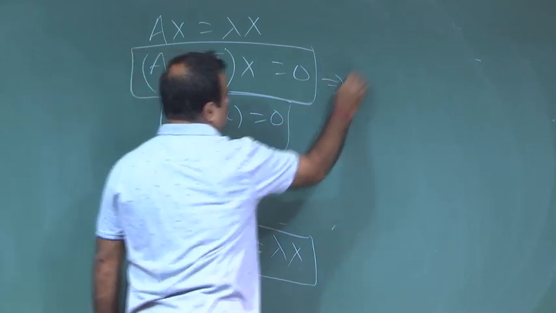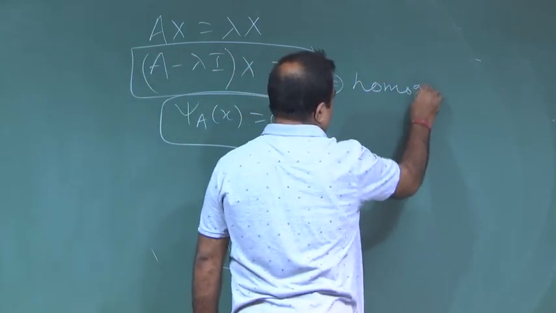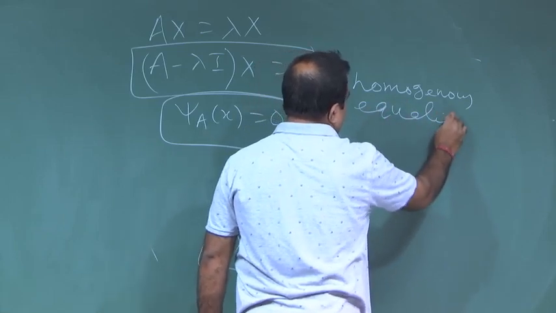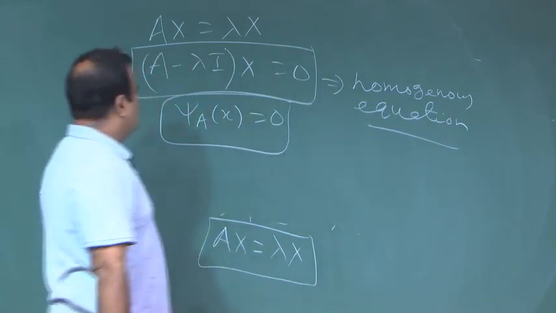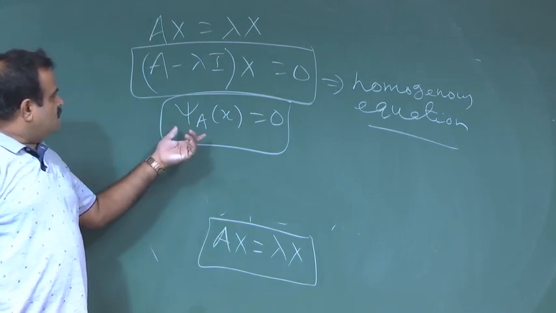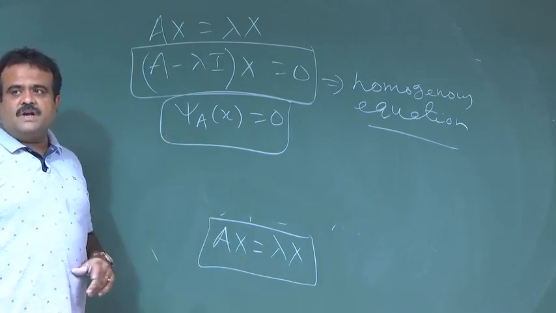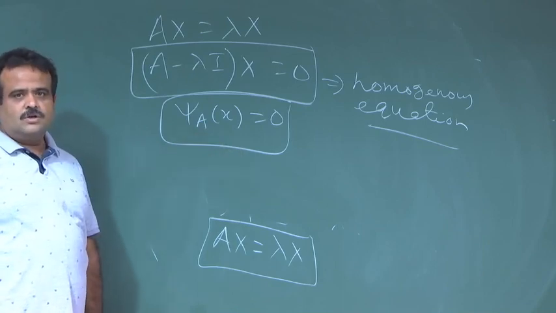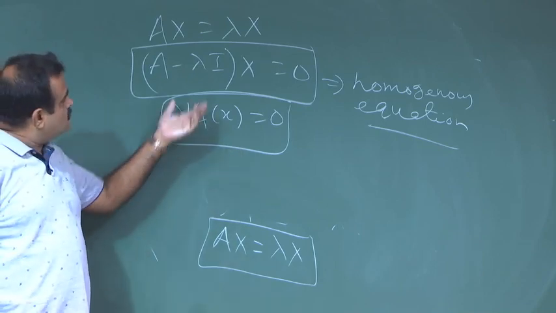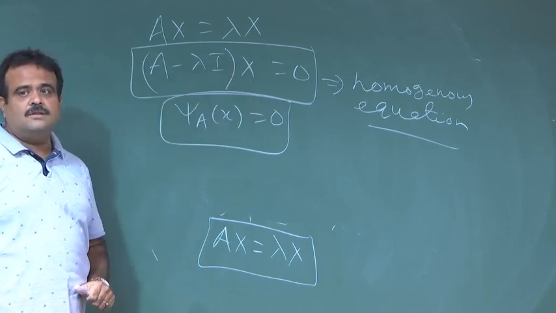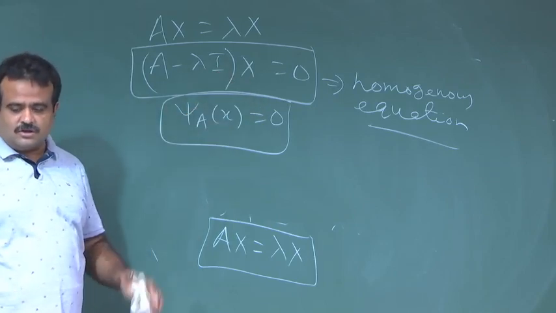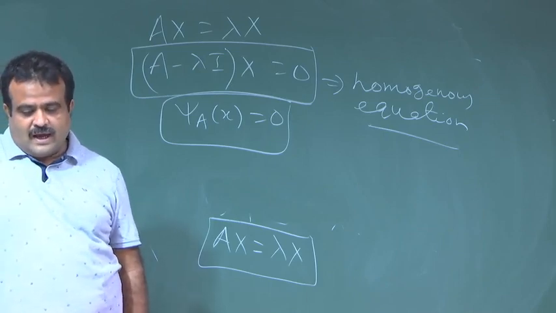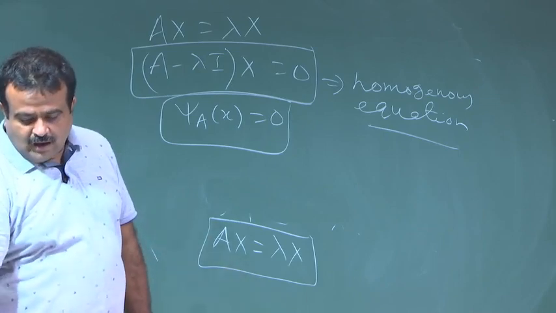This is a homogeneous equation. How do we get the eigenvalues? We get the eigenvalues as the roots of this equation. So, the non-zero solutions x of this homogeneous equation are called eigenvectors, and this lambda is the corresponding eigenvalue.